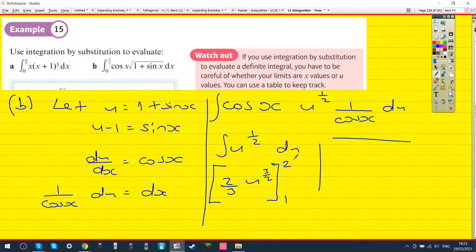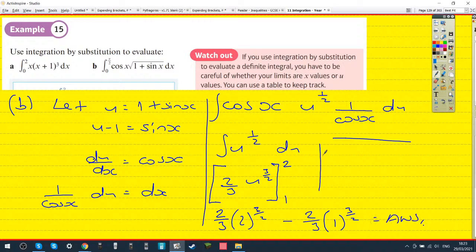And what would you do then? I would sub in 2 for the u and 1 for the u, find the difference, and that'll be your answer.